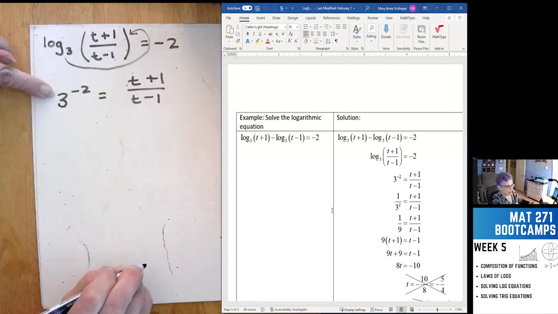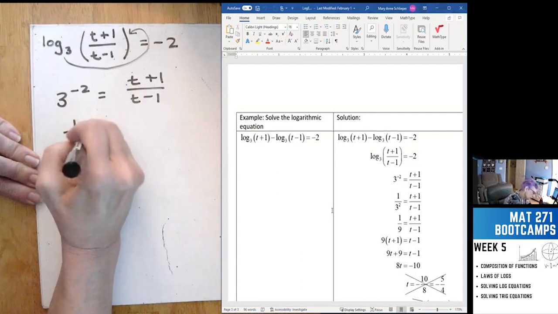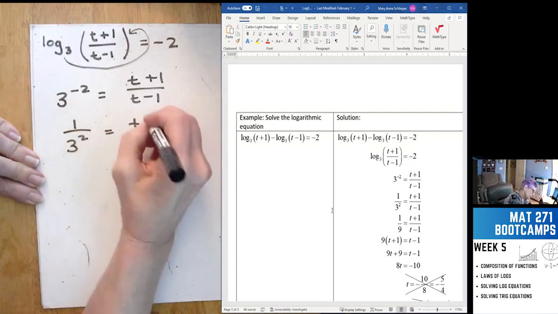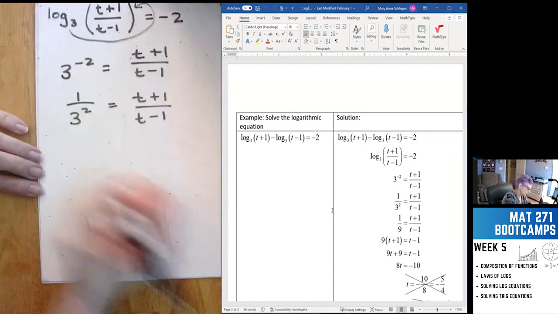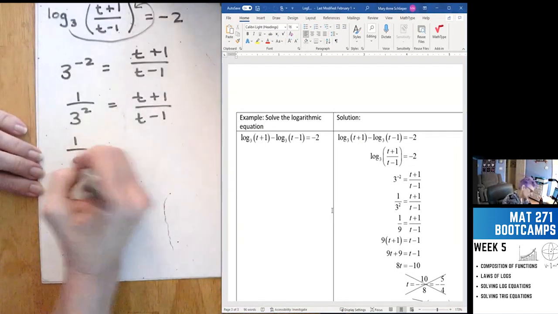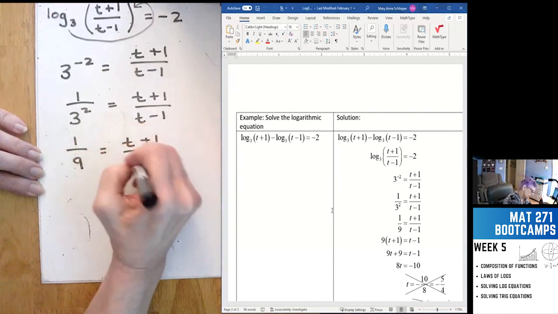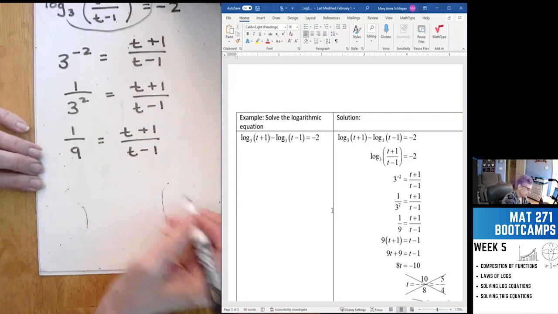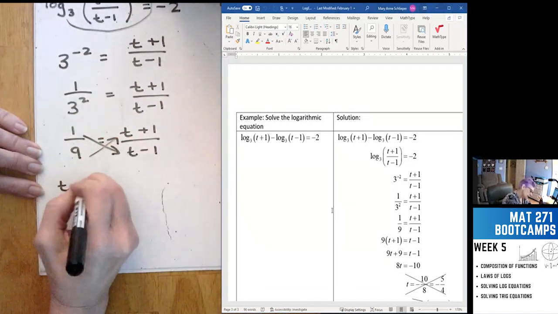Well, that's a negative exponent. That means the same thing as 1 over 3 squared equals this over that, which is the same thing as 1 over 9 equals this over that.